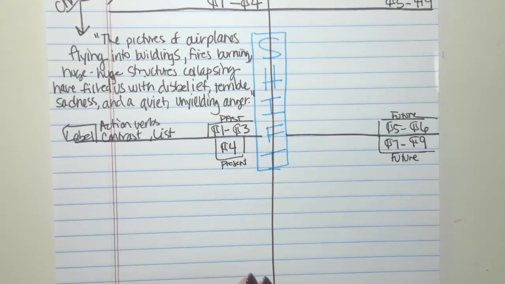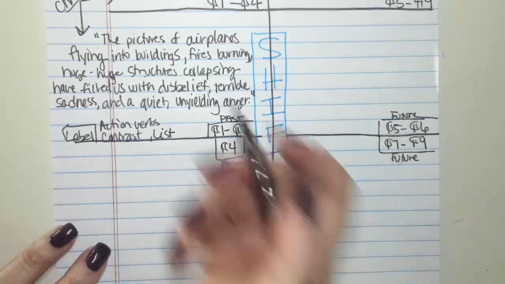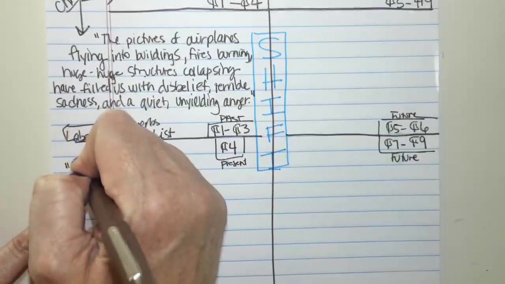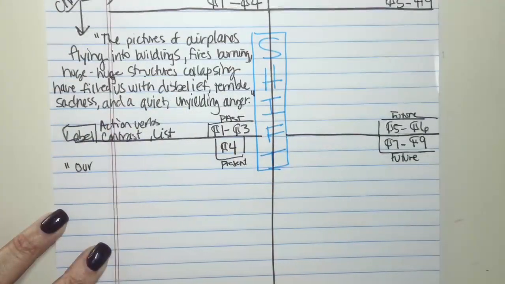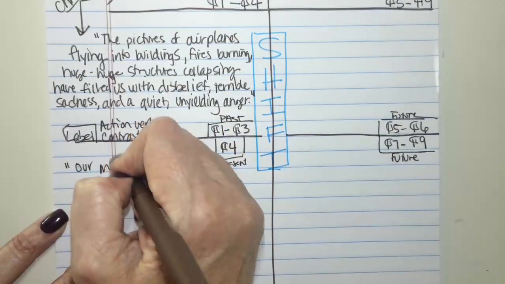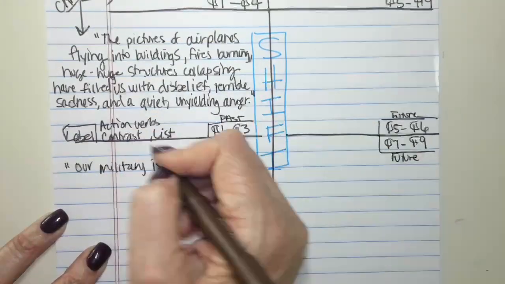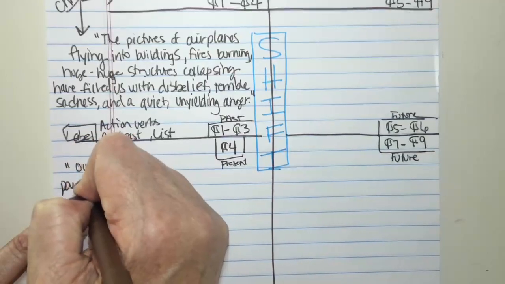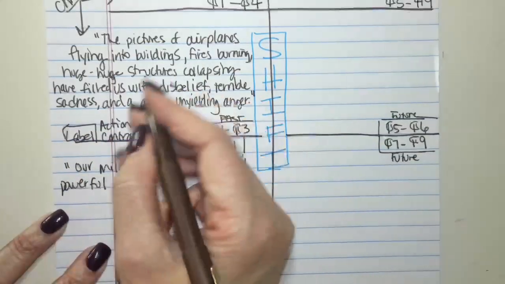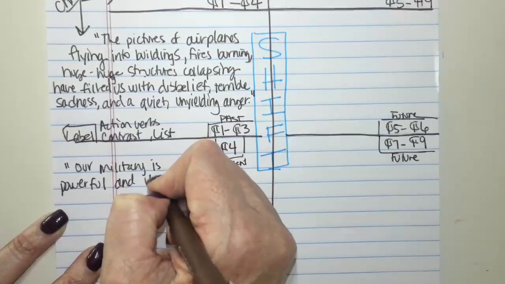Yeah, I think all of the hour, right? I think so. I'm going to skip past our government's emergency response plan, and I'm going to go to the collective nouns, right? The our military, and then the verbs that come with it. So I'm going to start with the descriptors that come with it. Our military is powerful and it's prepared.